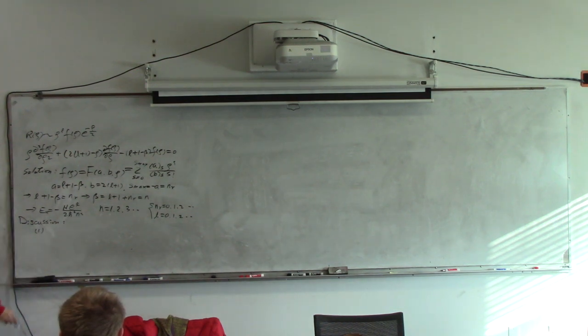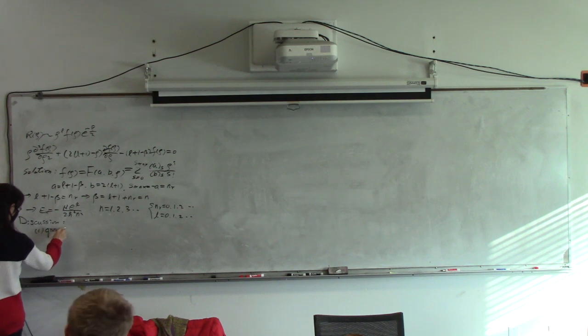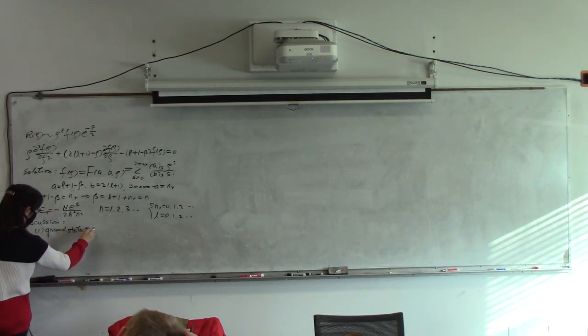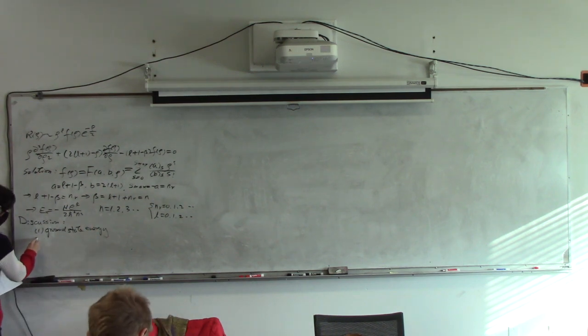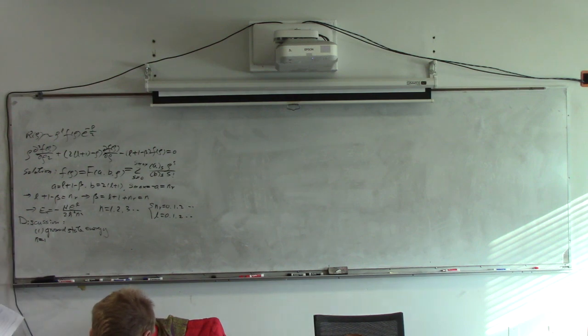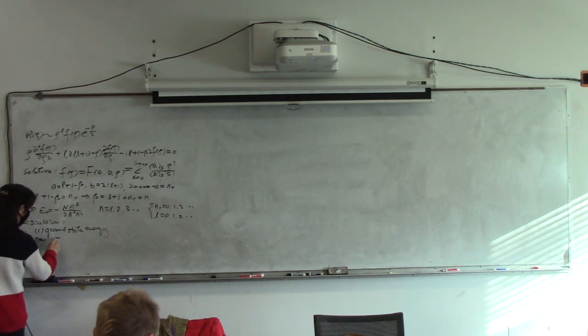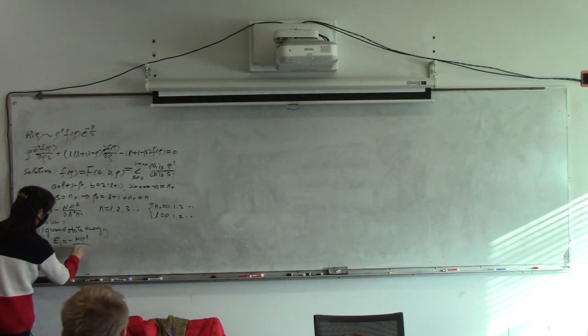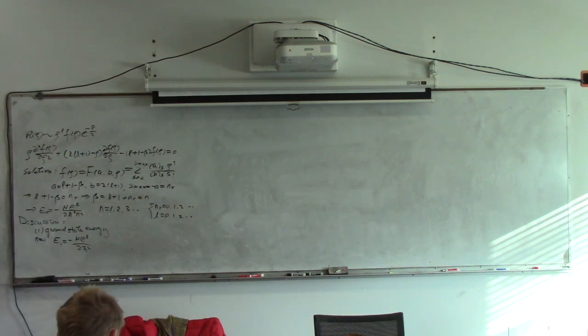First, let's consider the ground state energy. That means n is lowest, right? n equals 1. Then from this formula, E1 is minus mu e to the fourth power over 2 h bar squared. This is a constant.